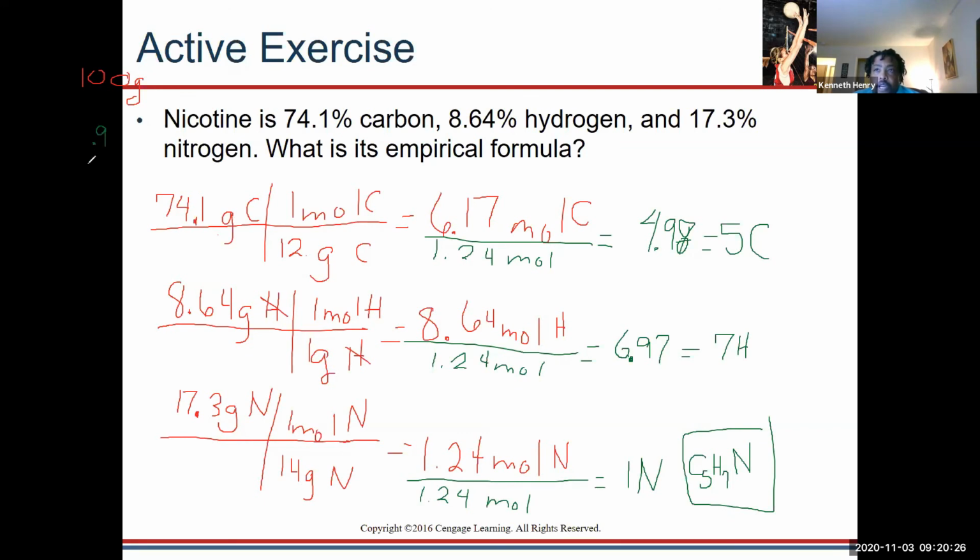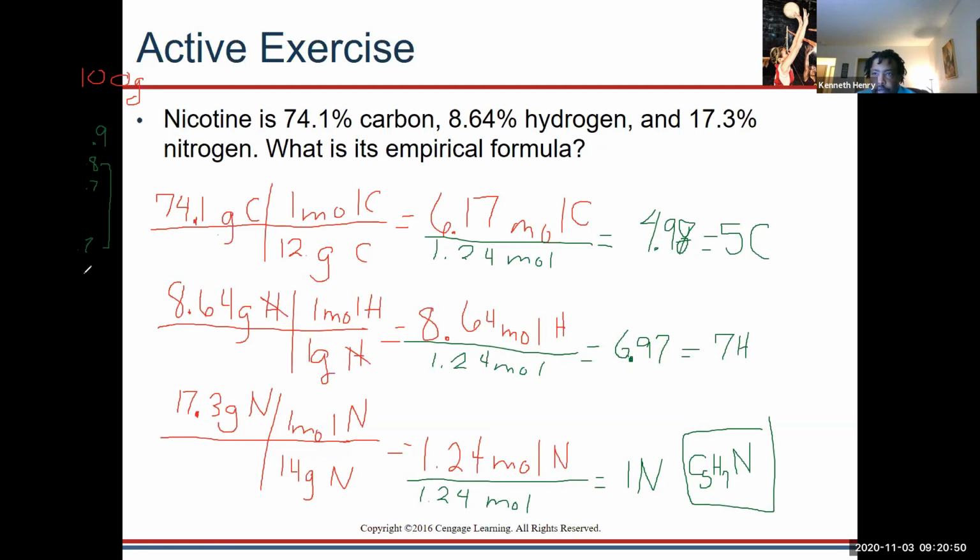If it's 0.8, then you know that you're going to have to multiply it by something. If it's 0.7, you're going to have to multiply it by something. So anything from 0.8 to basically 0.2, you're going to have to multiply it by some number to get it whole. Does that help?